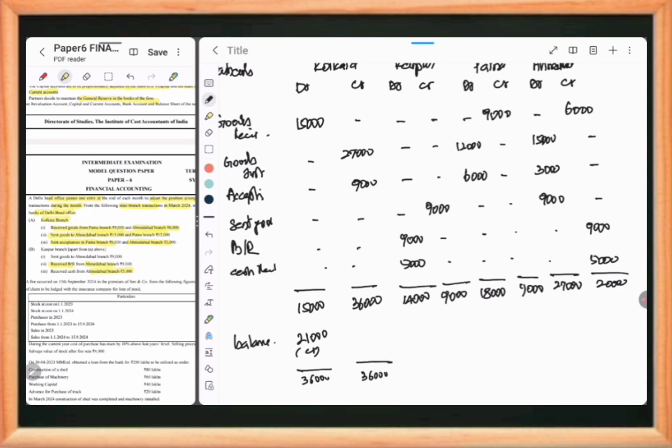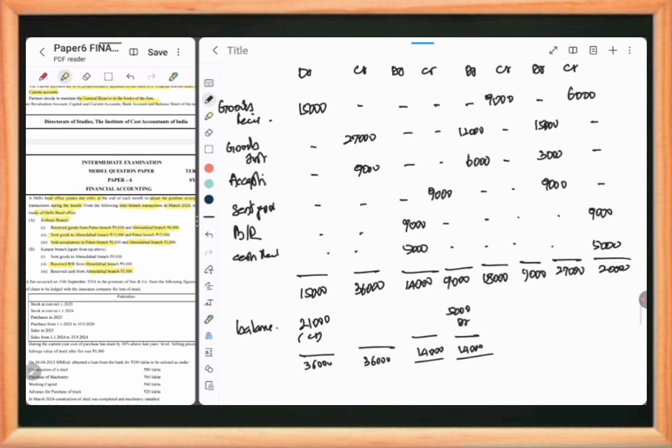And then as far as Kanpur branch, debit balance is 14,000. So 14,000 minus 9,000, that is 5,000 rupees, it is debit balance. So Kanpur is to be debited for 5,000 rupees. And then here also Patna branch, which side? This also is in debit balance.